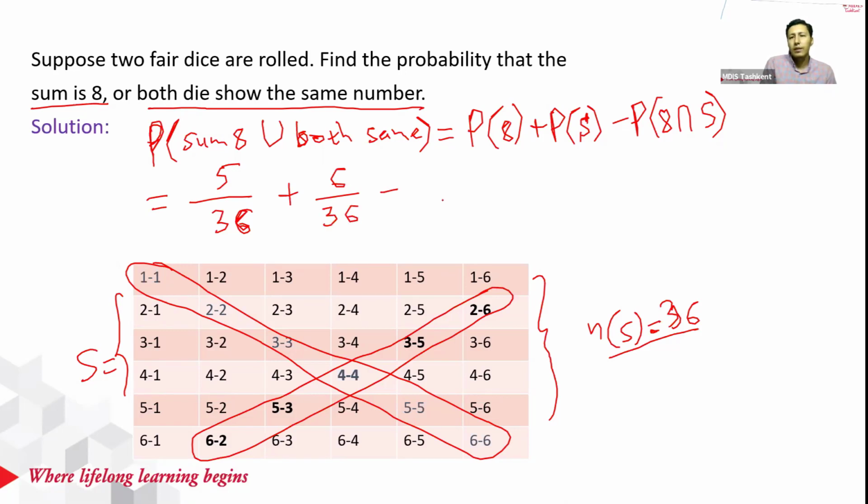Minus, at the same time, the sum must be 8 and the numbers the same. Here, only 4 4, one element. So 5 plus 6 minus 1, 10 over 36, approximately 0.28.